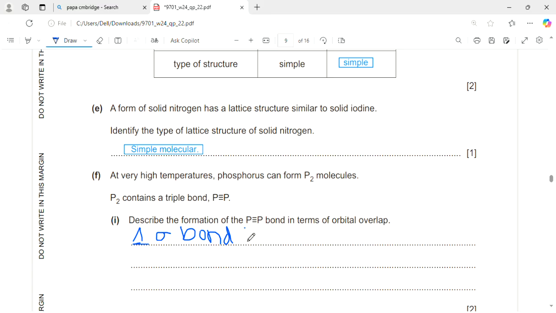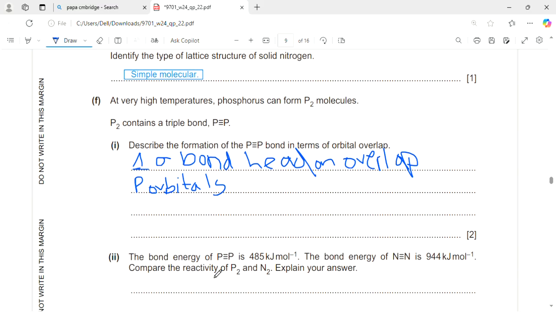Head-on overlap of p orbitals, and two pi bonds.